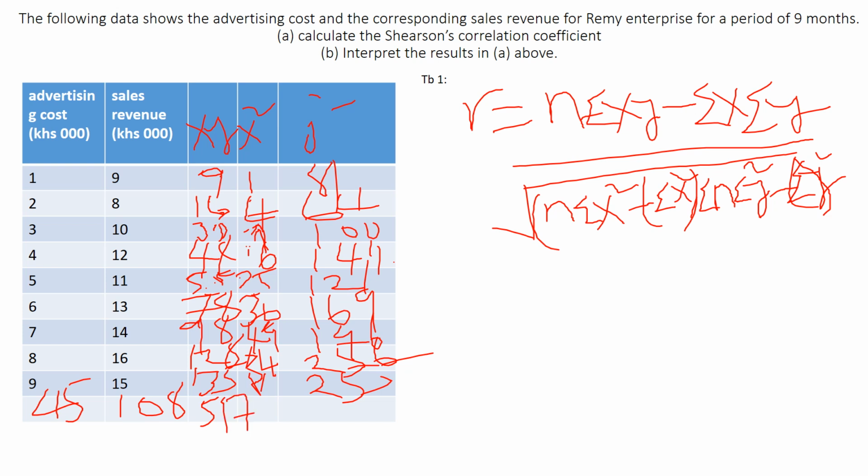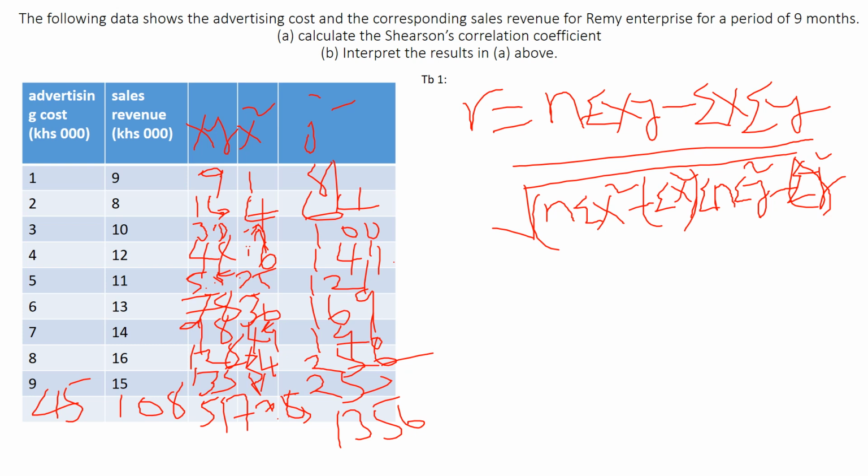And if you add the x squared column, this one should give us 285. And then if you add the y squared column, it should give us 1356. So we can come and plug them into our formula now.